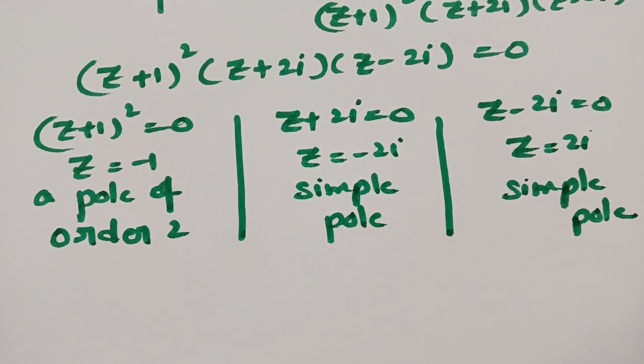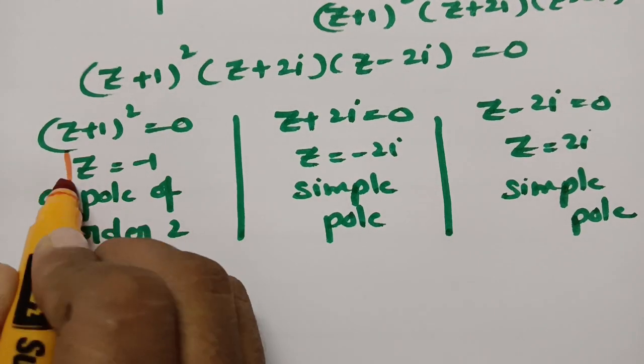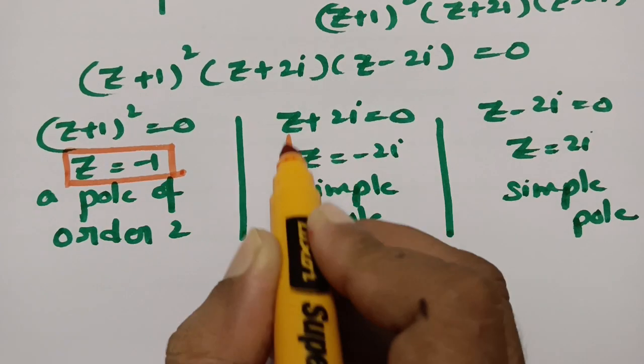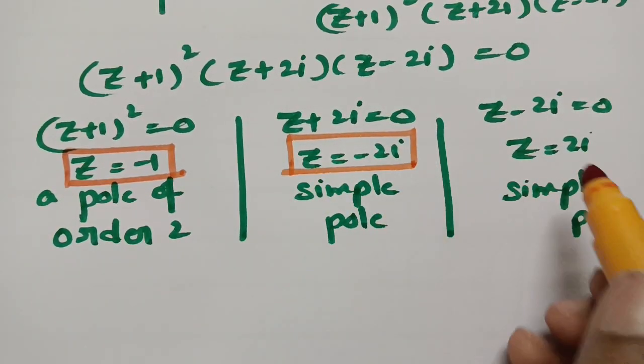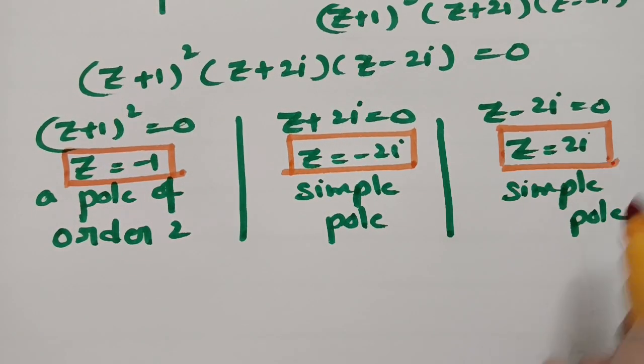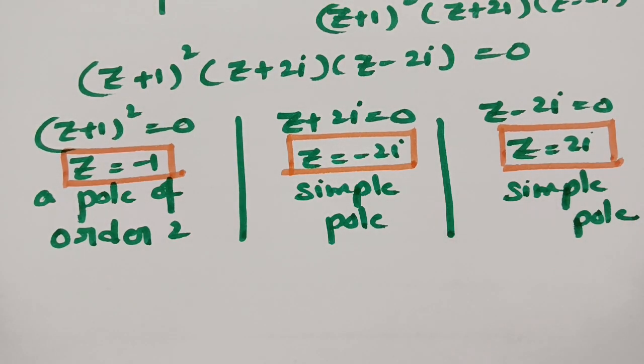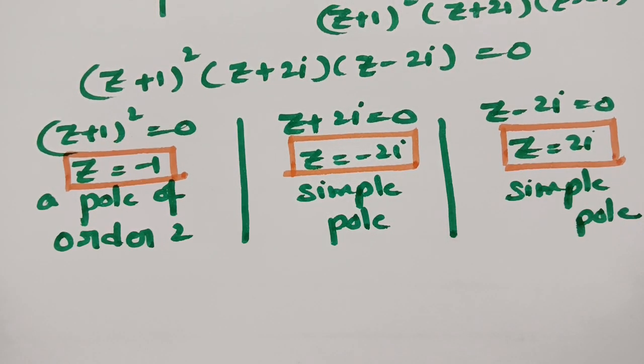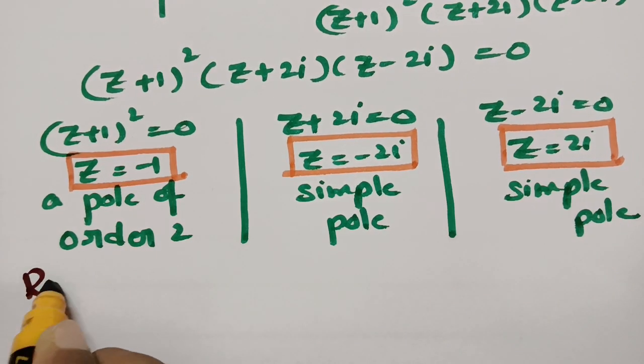Now we have to find the residues. Here our poles are z = −1, a pole of order 2, z = −2i, a simple pole, and z = 2i, a simple pole. First of all, I am going to find the residue of the function at z = −1. How to find this residue?